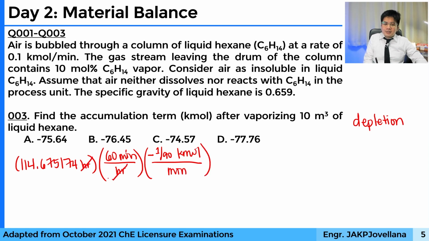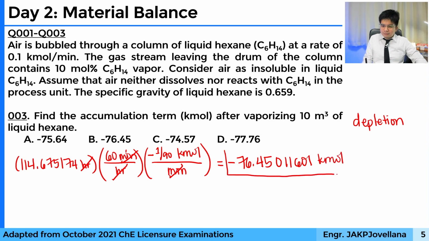We'll cancel hours, cancel minutes, and we'll have kilomoles as our unit. Calculating, our value is negative 76.45 kilomoles. From the choices, this is letter B.